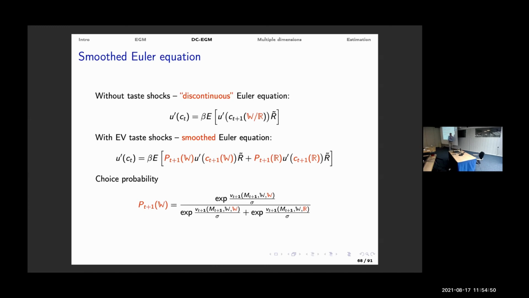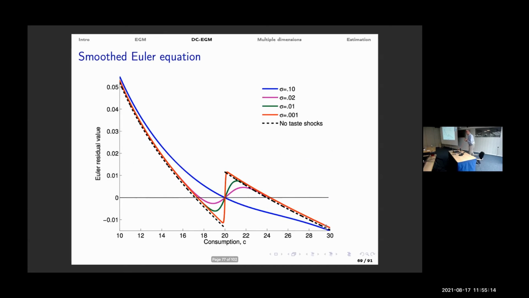And this is due to the fact that differentiating the log sum function, you get a choice probability. So you are essentially smoothing this, or taking the average of the marginal utility in the next period with choice probabilities. And that smoothes out the Euler equation, right? The choice probabilities are, of course, standard. It smoothes out the Euler equation.